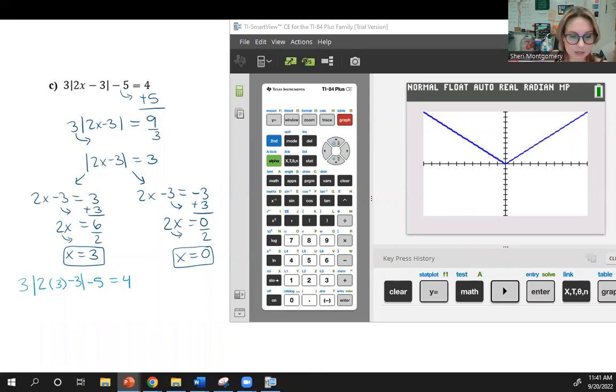And I'm going to write it down again, and I'm going to use 0 this time. So I'm going to type it in 2 times, I have a 3 there and I have a 0. So I'm going to plug it in twice. I'm going to make sure I get 4 both times.